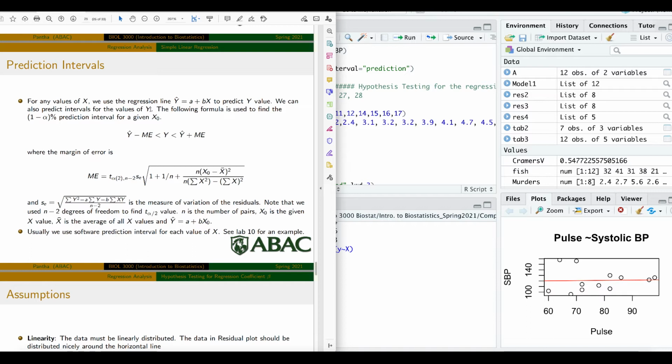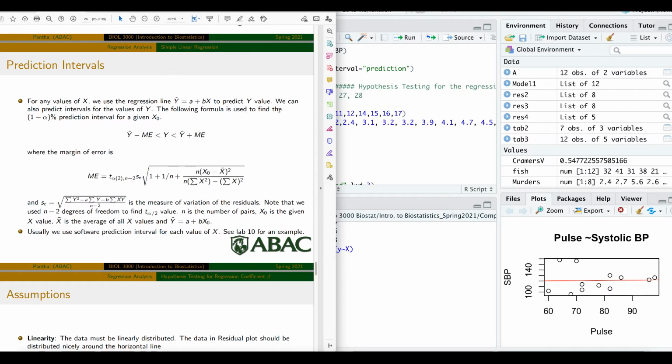After you find the regression line, you can predict the y value for any x value that is not in the data. But if you are curious about what will be the prediction interval for each of those y values, then the formula to do it by hand is this, okay?